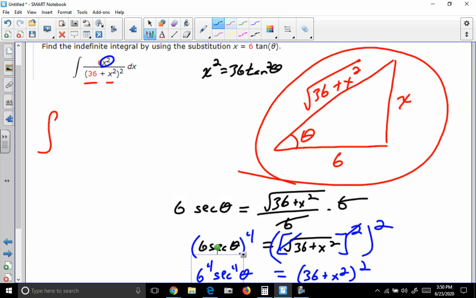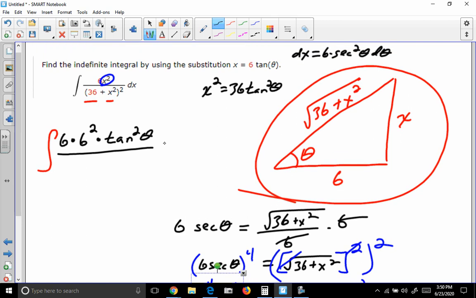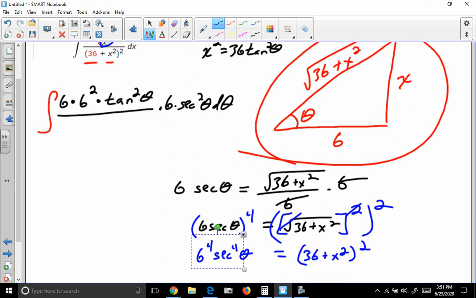So let's see what we have. 6 squared tangent squared theta, dx is 6 times secant squared theta, and then that denominator is 6 to the 4th times secant to the 4th theta.